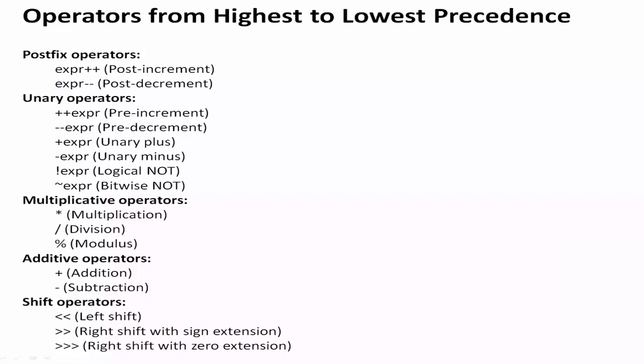Starting from the highest: post increment, post decrement, pre increment, pre decrement, unary plus, unary minus, logical not, bitwise not, multiplicative operators such as multiplication, division, modulo division, additive operators, addition, subtraction, shift operators, left shift, and right shift with zero extension, which is used for signed bits.